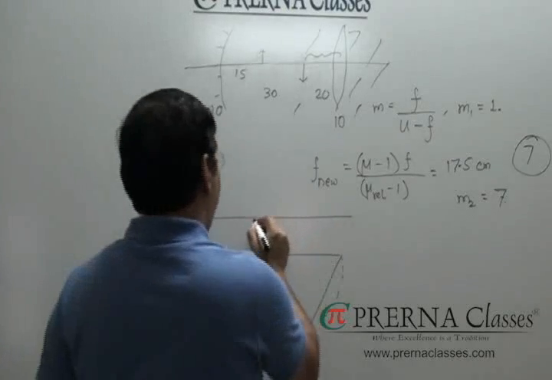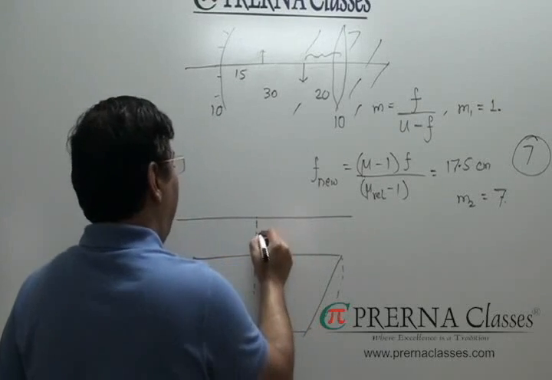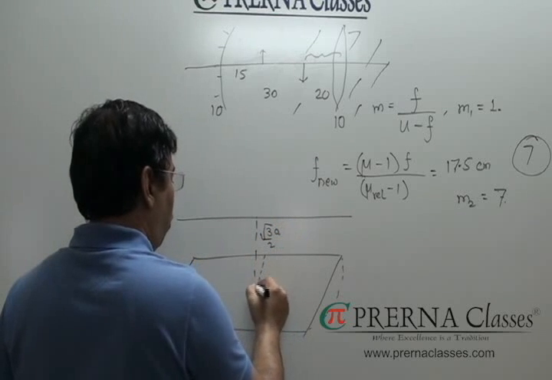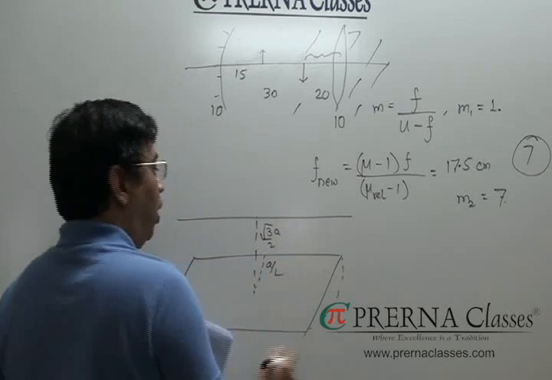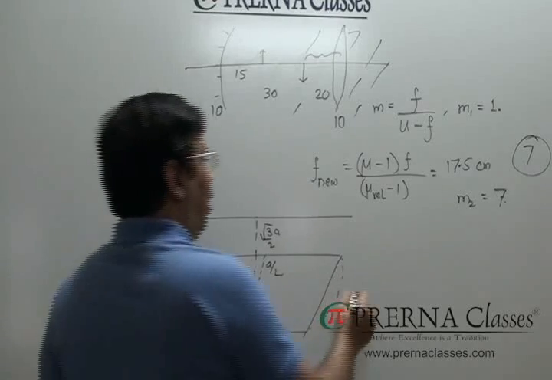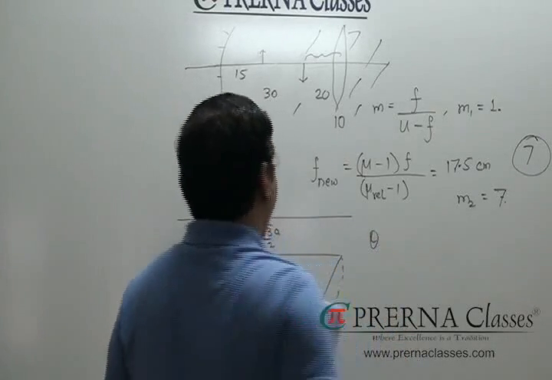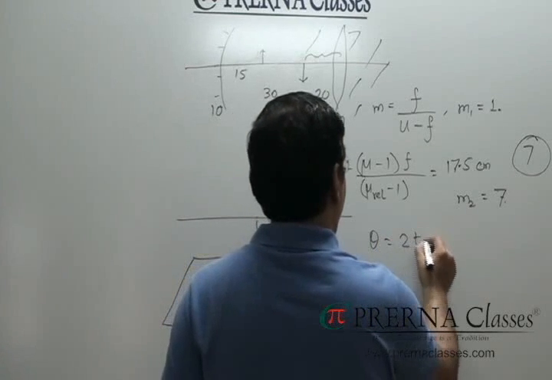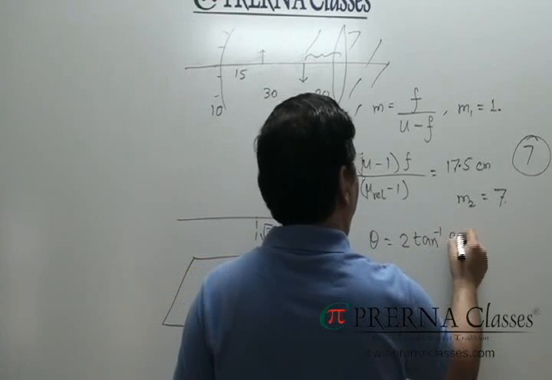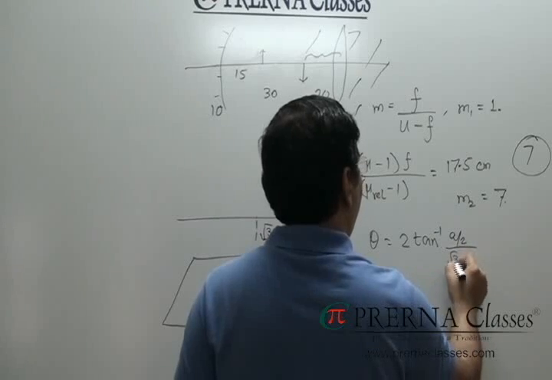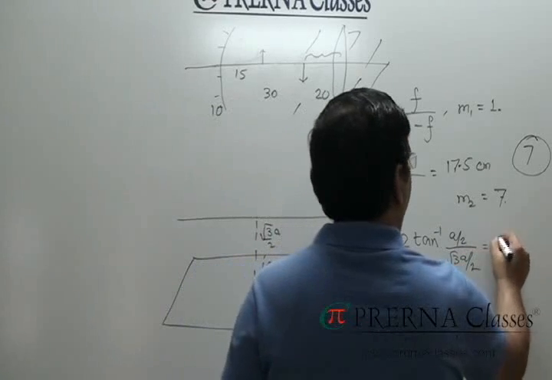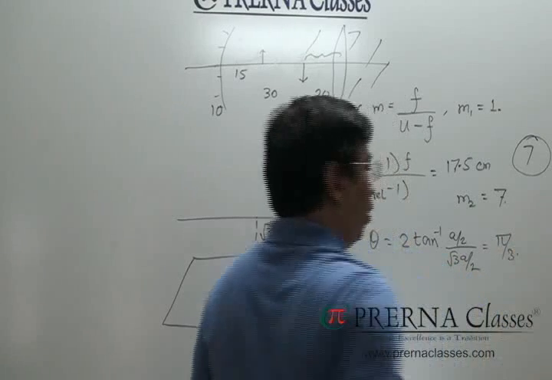Clearly now, since this vertical height has been given to us as root 3a by 2, whereas this distance has been given as a by 2, if I consider this arc, the angle it would be subtending at this axis is going to be twice tan inverse of (a by 2) by (root 3 a by 2), which then turns out to be pi by 3.